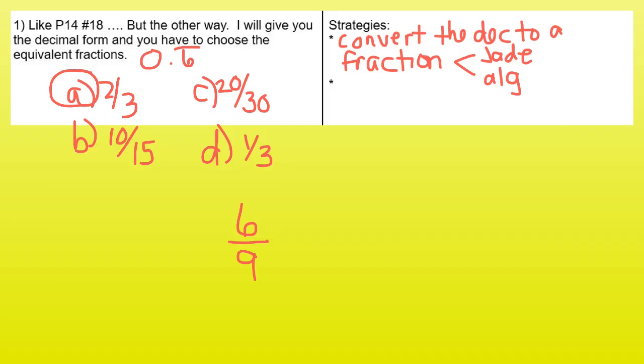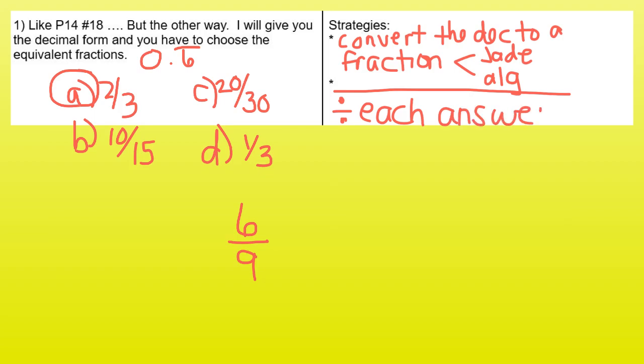But I want you to be super careful to check all of the answers. So we have another option here, another strategy. You can take your answers, start there, and divide each answer choice to see where the matches are.